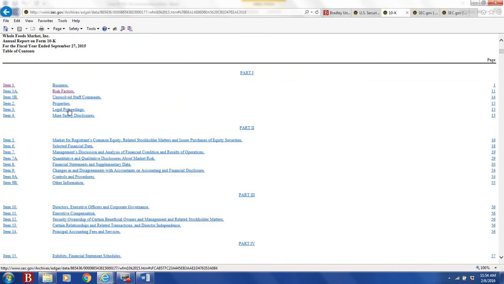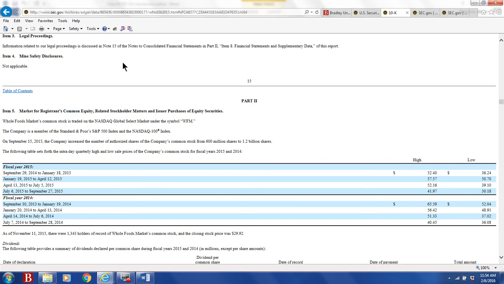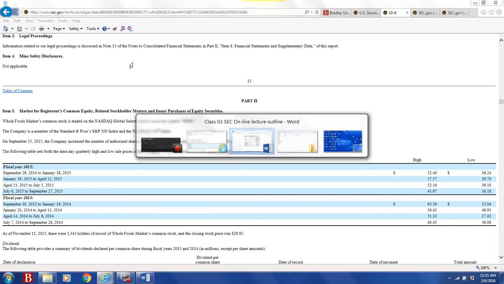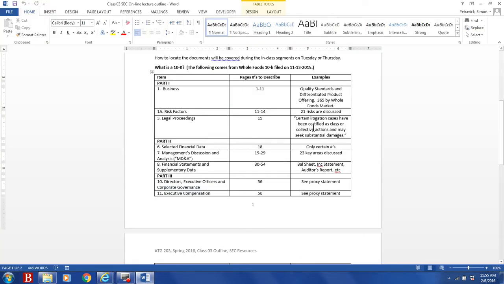The third item that we see in the 10K deals with legal proceedings, and they don't have any disclosure here. They tell us to go to item 8 in the financial statements. That's further into the 10K document. I went ahead and looked at it. One thing that I saw that was interesting was that they're involved in some lawsuits.